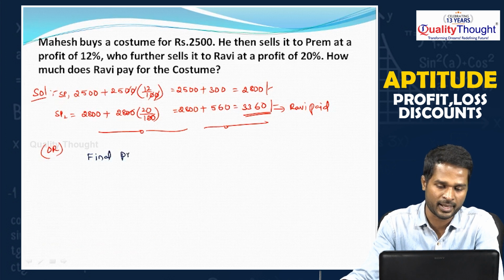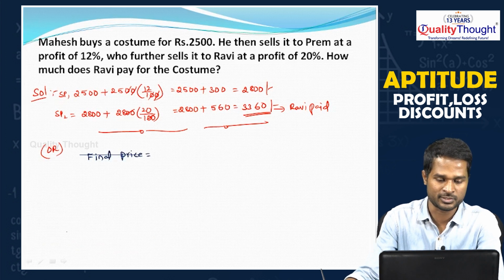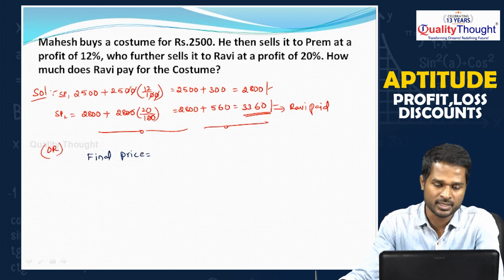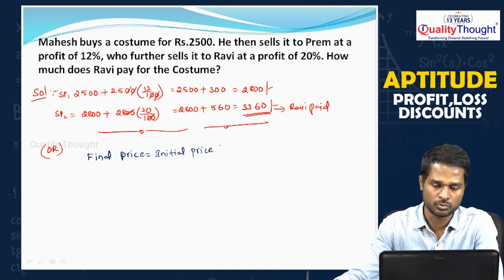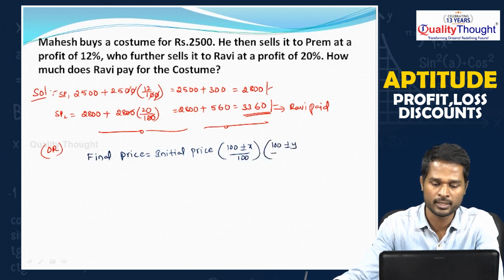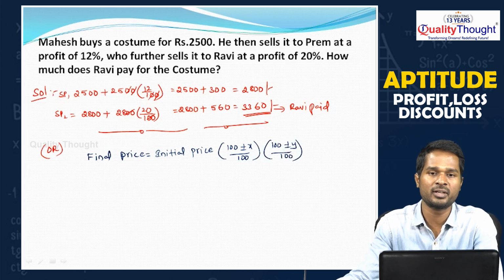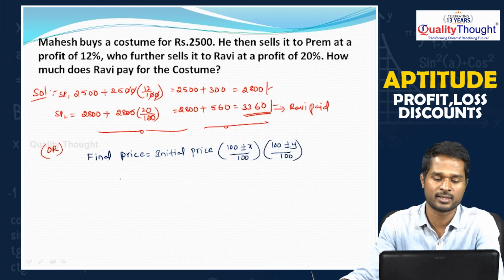So, the final price is equal to the original price, that means initial price, into 100 plus or minus x by 100 into 100 plus or minus y by 100. In this case, if you have a profit, take it as positive, if you have a loss, take it as negative. So, the final price we need to calculate.